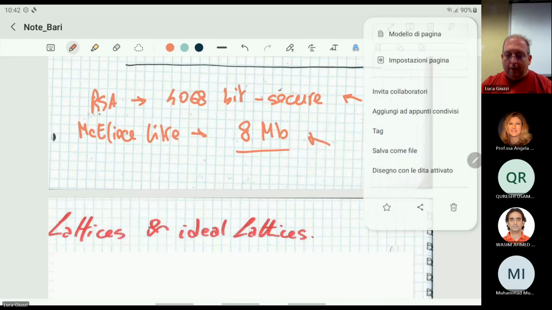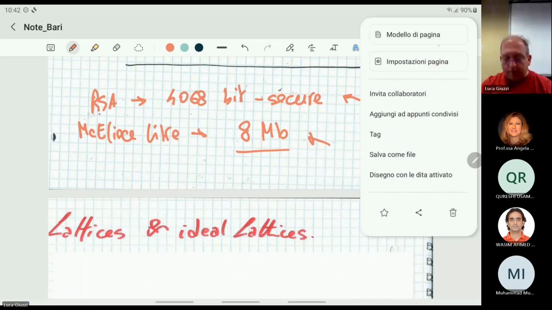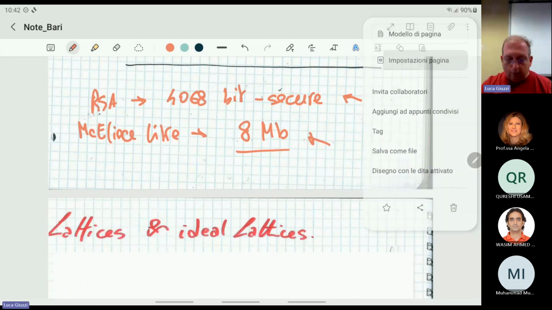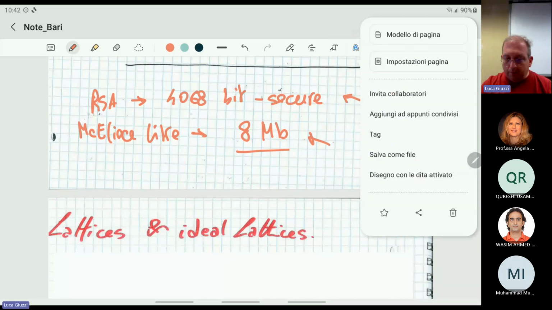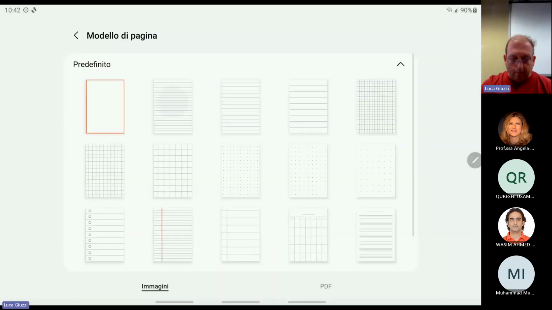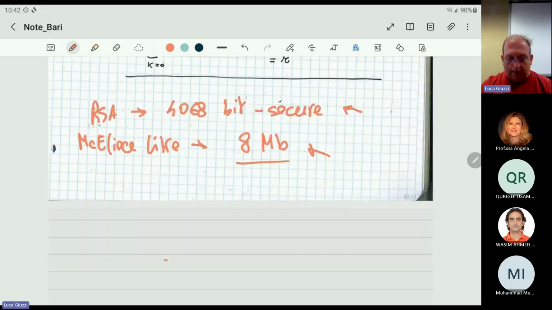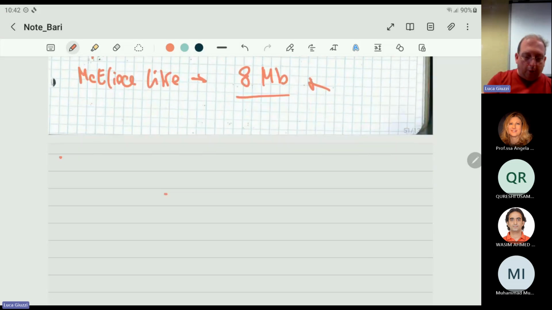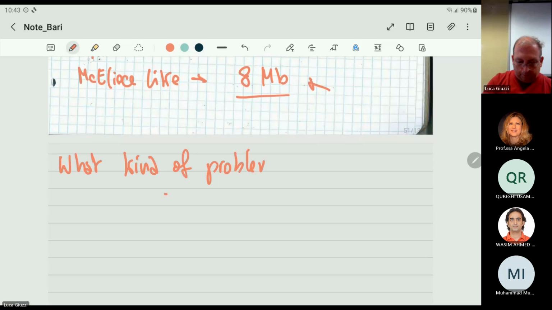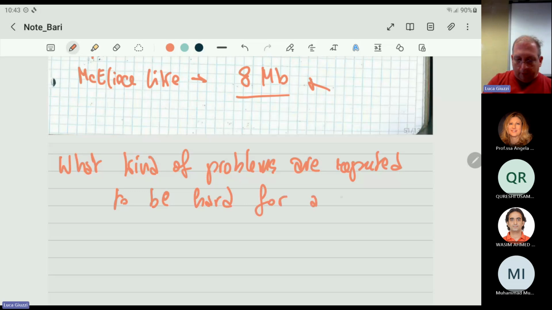So, okay. This being said, let me add a page. Yes. This being said, what kind of problems are reputed to be hard for a quantum computer?